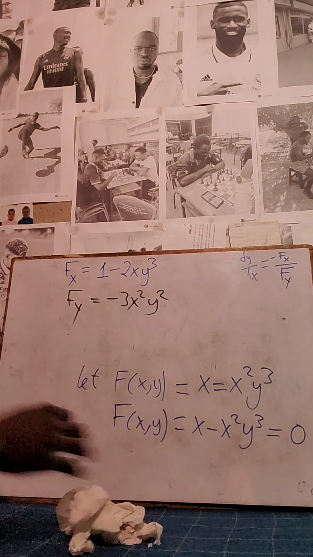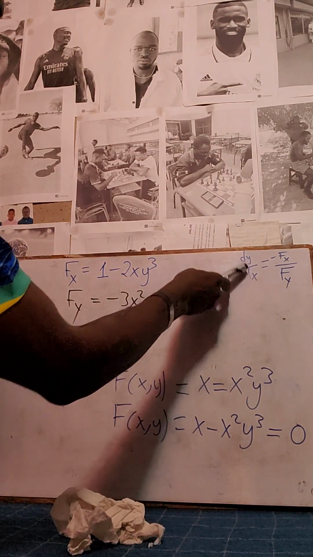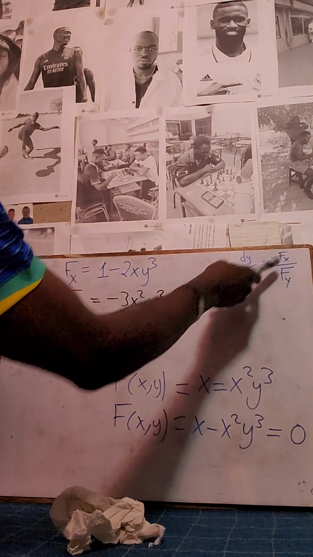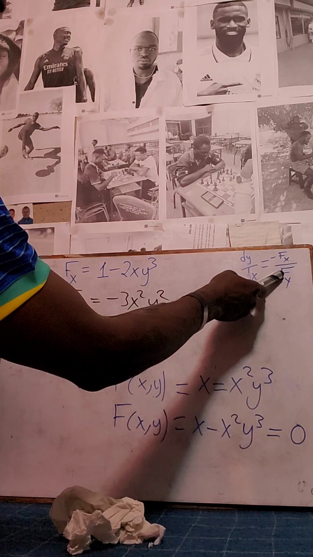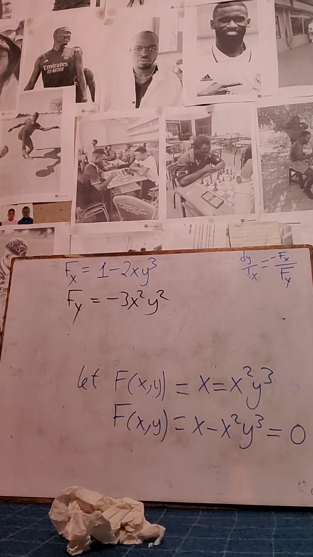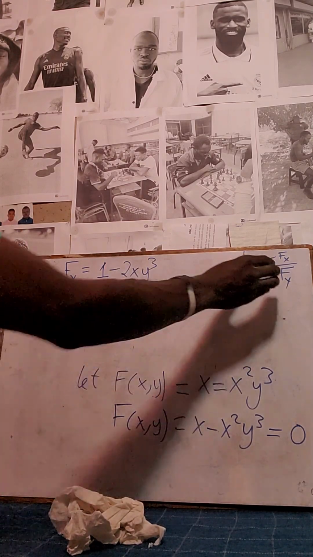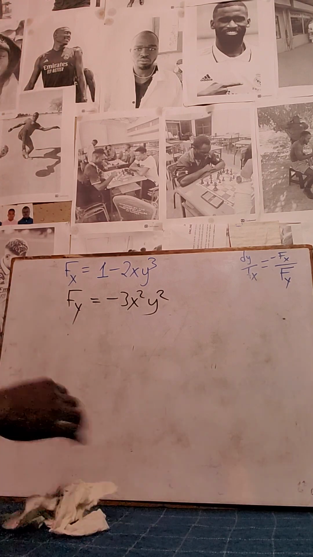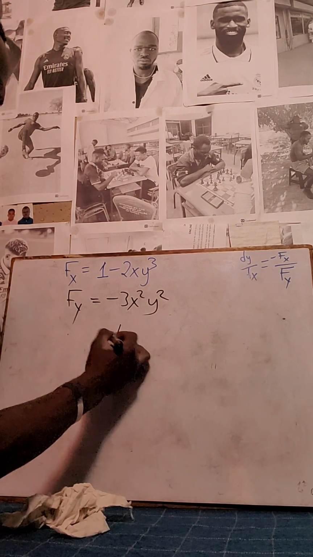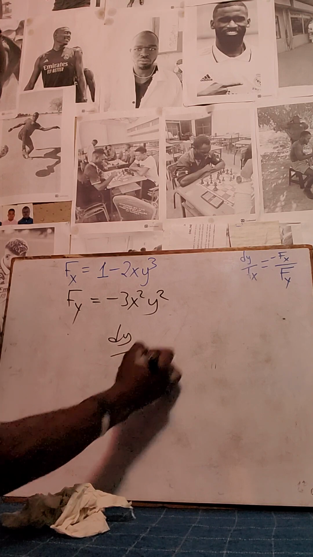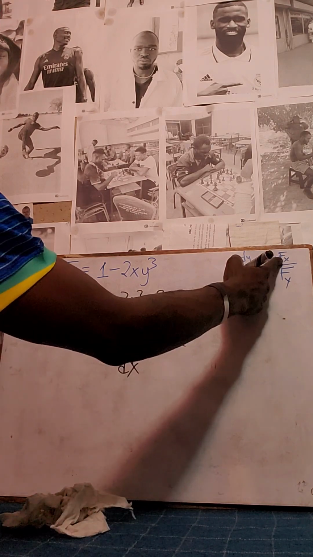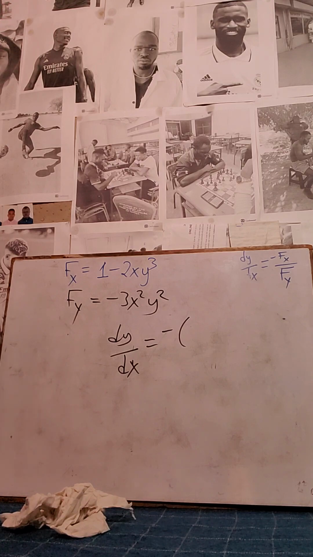We go back to the formula now. The formula is saying dy dx is equal to negative partial derivative of f with respect to x over partial derivative of f with respect to y. So let's fix what we have into the formula. So dy dx suggests that it's negative, and then what is our partial derivative of f with respect to x?